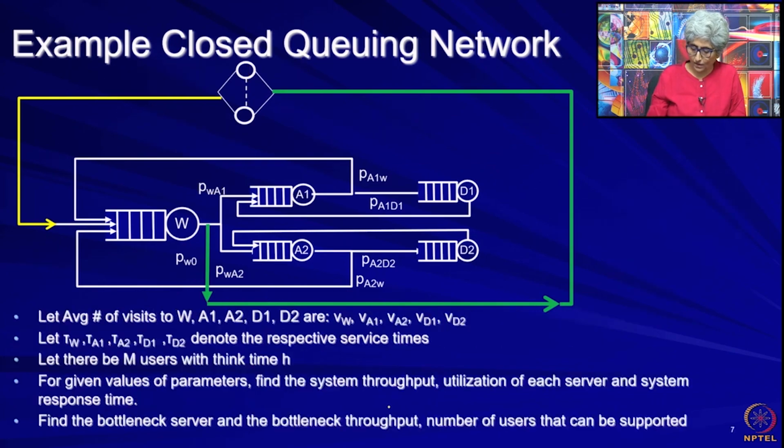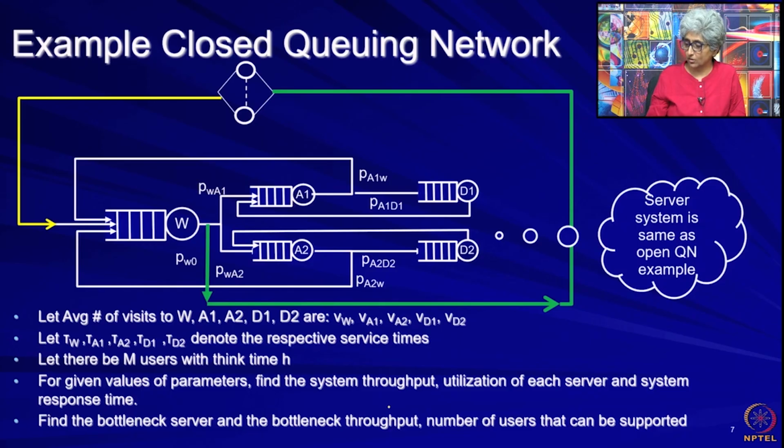Again, for the server subsystem it is the same thing. We have the same parameters. We have the average number of visits, we need to start with that, the VW, VA1, VA2, VD1 and VD2, and we have the per visit service times, the tau W, tau A1, tau A2, tau D1, tau D2.